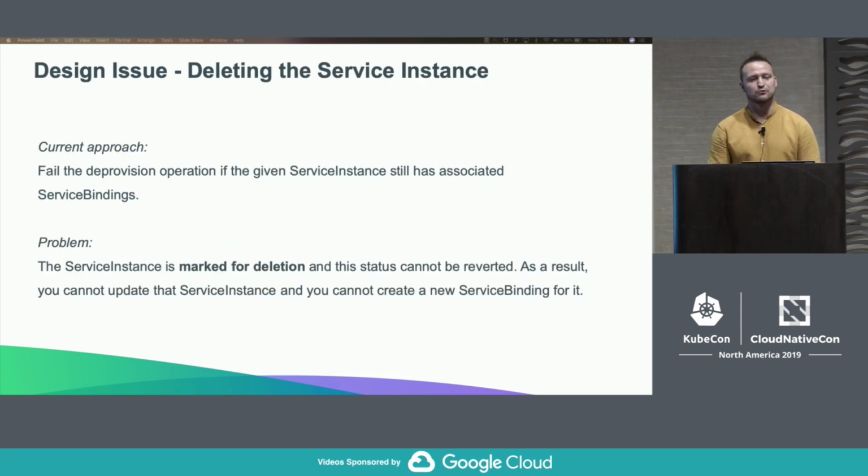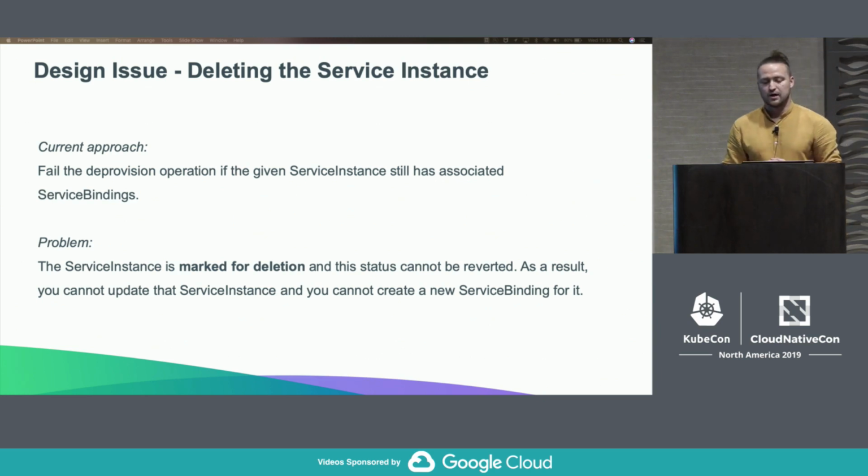Now it's time to jump into a design issue. As an introduction, say you have a service instance, and after that, you created some service binding to that service instance. After some time, you decide, okay, I don't need that instance, so what I need to do is simply delete that service instance.